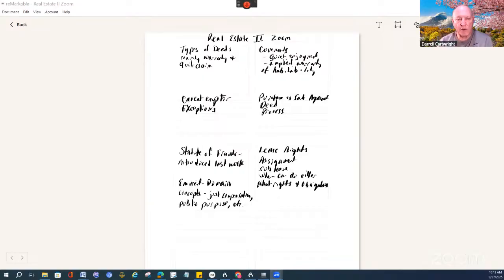It says in order for some contracts to be valid, the contract must be in writing. In other words, we're not going to legally enforce a verbal contract in some cases.